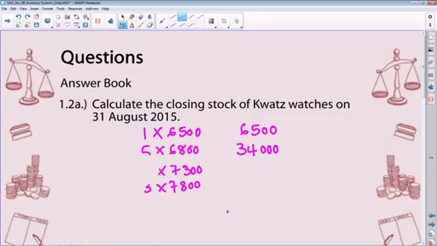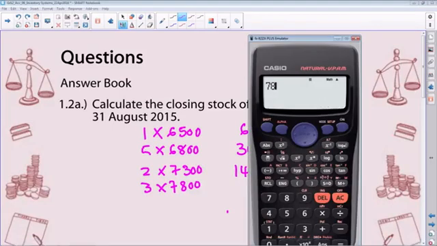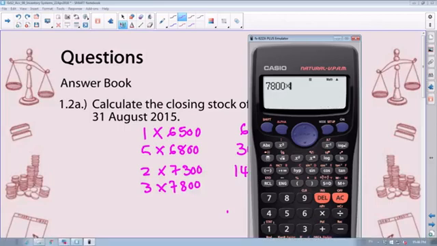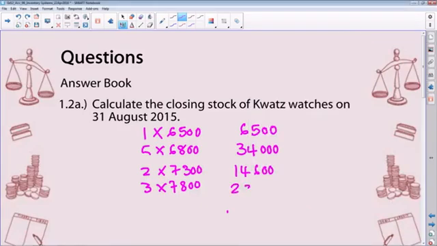So therefore, it's 2 at 7,300, which will give me 14,600. And we had 3 at 7,800, which will give us 7,800 times 3 is equal to 23,400. Therefore, take your values now and add them up.